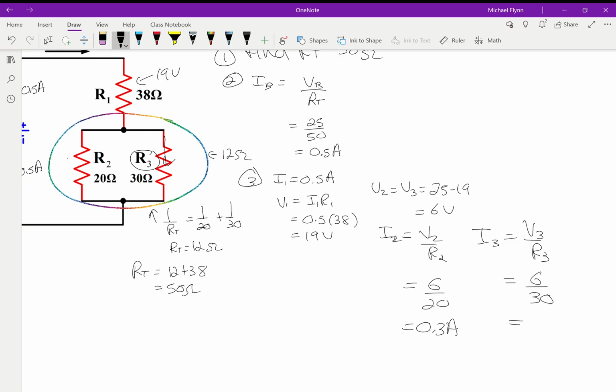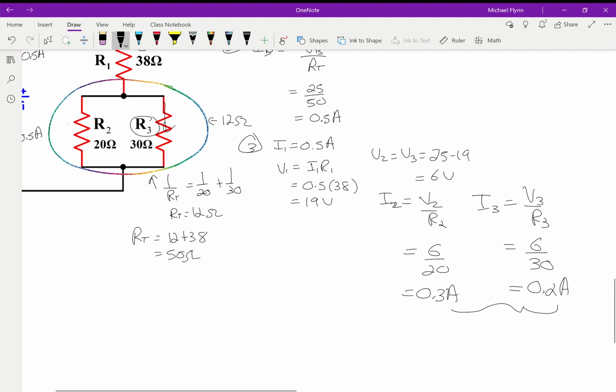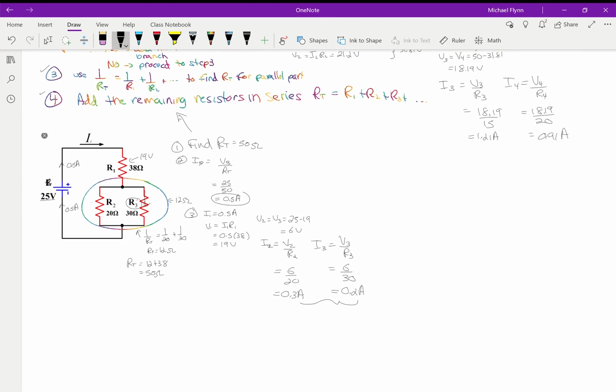And 6 over 30 is 0.2 amps. Just so you notice, these two add up to give me the 0.5 amps, which makes sense. It needs to be consistent, because the 0.5 amps has to go back to the power supply, right?